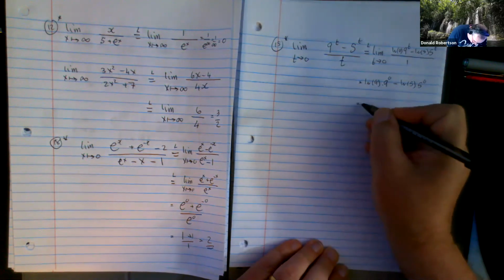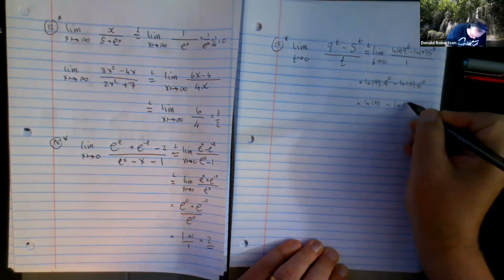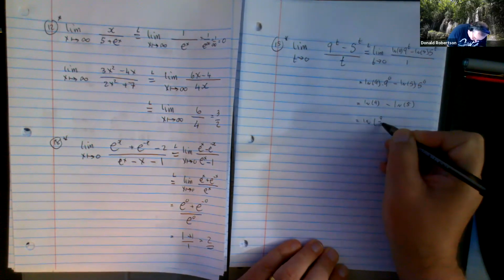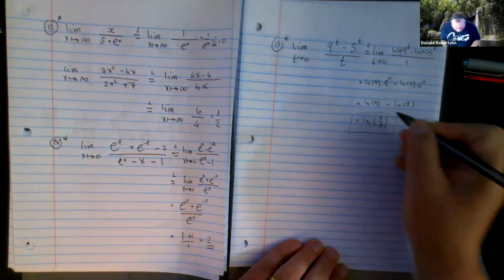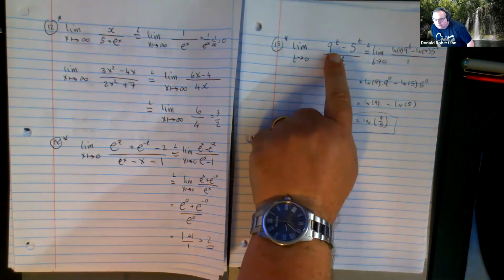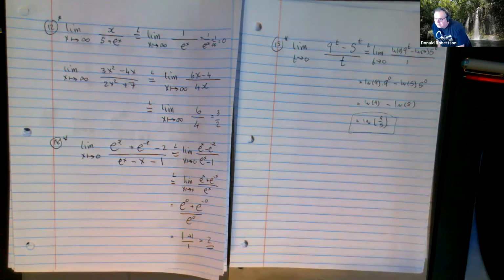9 to the 0 is 1. 5 to the 0 is 1. And make it look pretty. There you go. If you were a guessing person, would you ever have thought that the limit of this weird fraction would have been the natural log of 9/5?